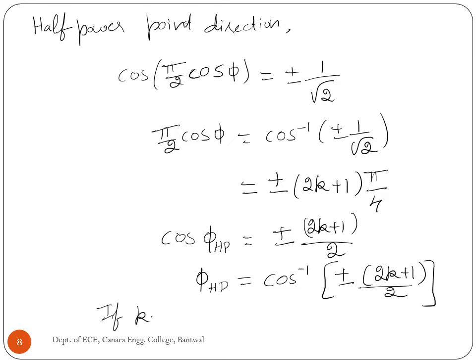If k equal to 0, phi HP is equal to plus or minus 60 degree or plus or minus 120 degree.